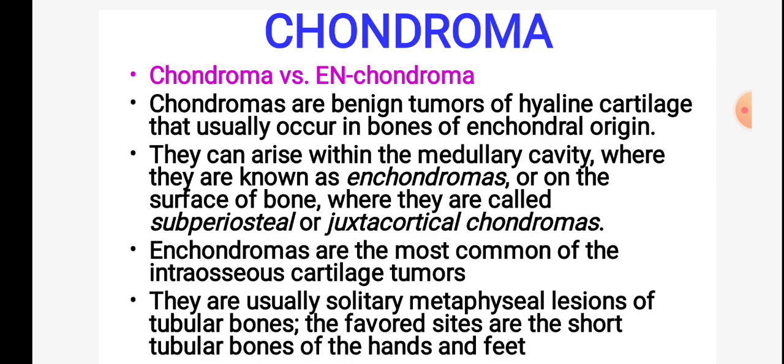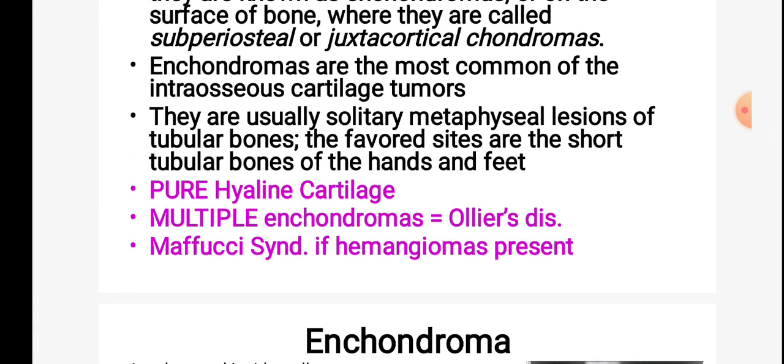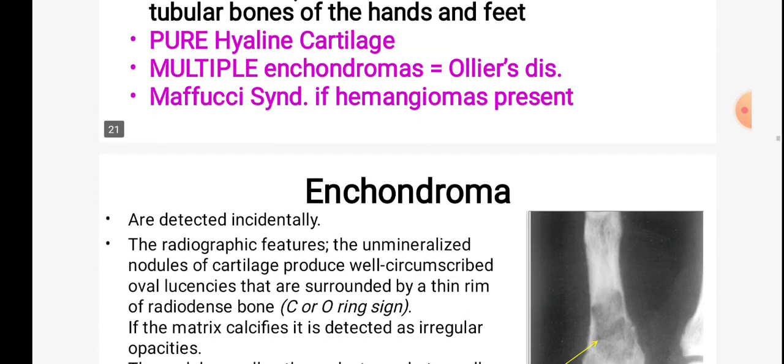Enchondromas are the most common of the intraosseous cartilage tumors. They are usually solitary metaphyseal lesions of the tubular bones. The favored sites are the short tubular bones of the hands and feet. So pure hyaline cartilage. Multiple enchondromas could be seen in Ollier disease, and Maffucci syndrome if hemangiomas are also coexistent.